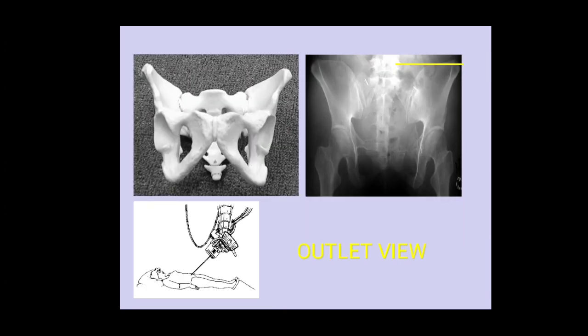For the outlet view, the main thing that is interesting for us is the presence of vertical displacement. It's much better to estimate vertical displacement on the outlet view, and we can also check sacral fractures on it, as they are visible much better.